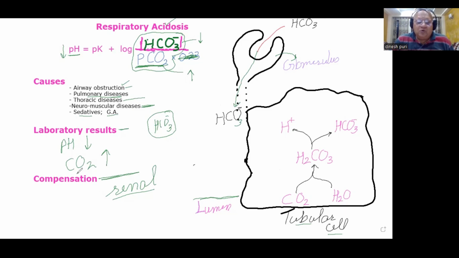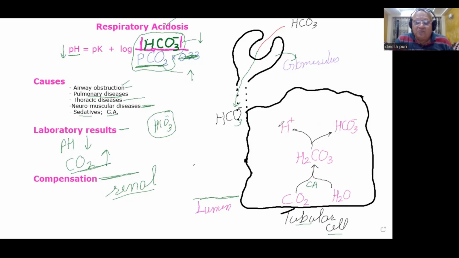Now PCO2 is raised. So therefore, more CO2 will be available for the carbonic anhydrase reaction occurring in the tubular cell, resulting in generation of carbonic acid, which dissociates by the same enzyme into H plus hydrogen ions and bicarbonate anions.